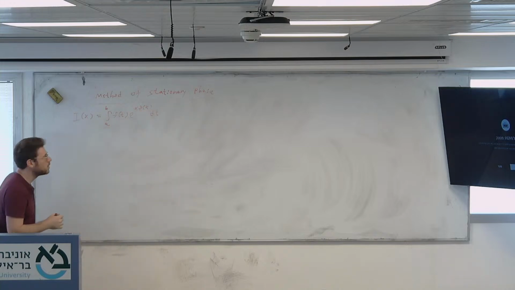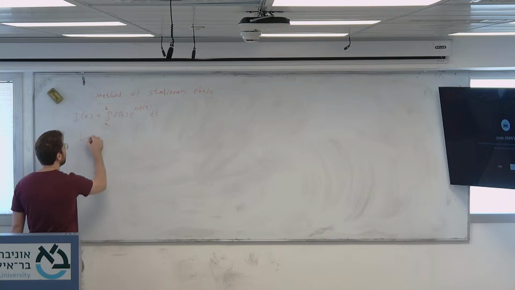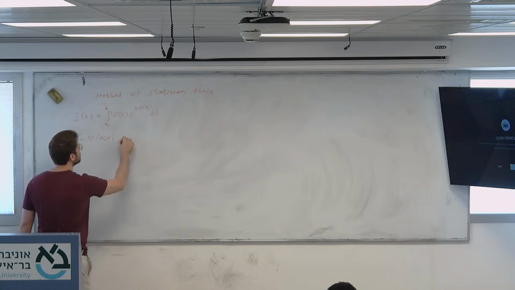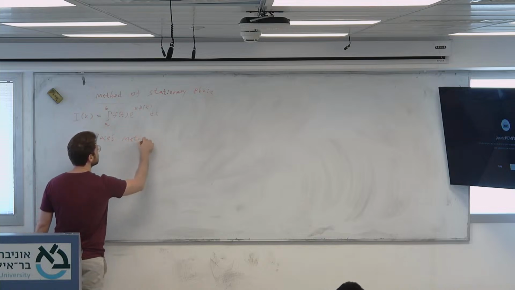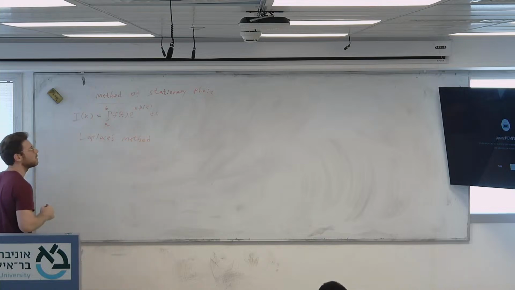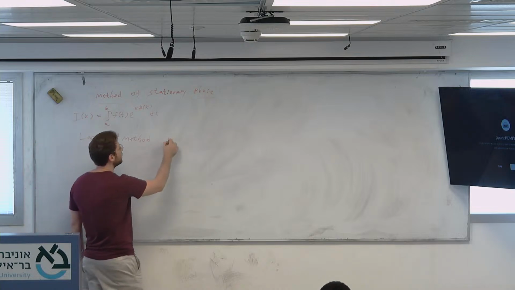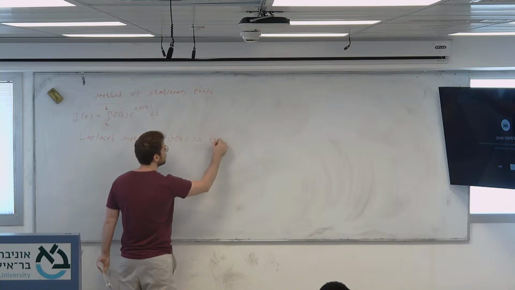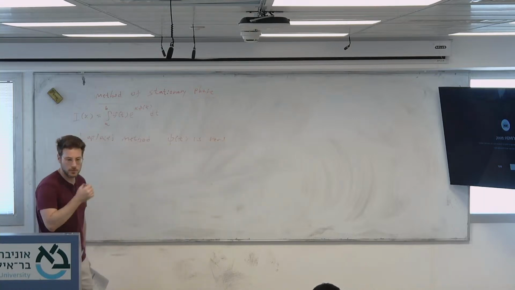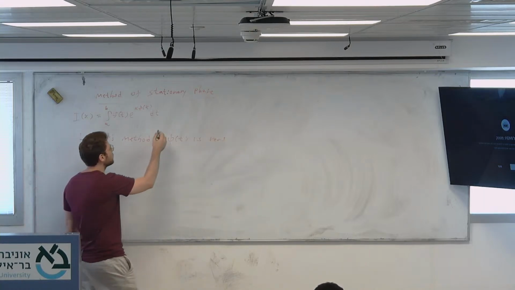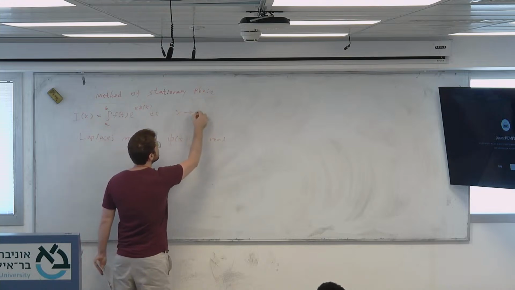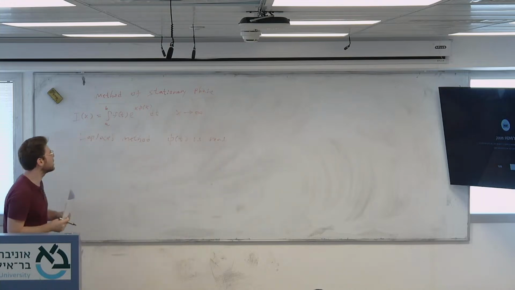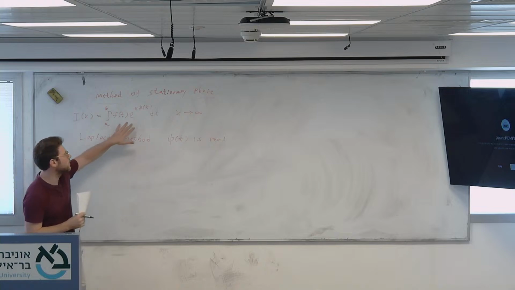Laplace's method considers only when phi is real, and x goes to infinity. So we're still at x goes to infinity, but this is like a special case. So you want to generalize this.